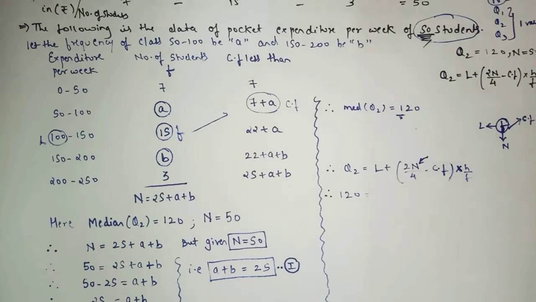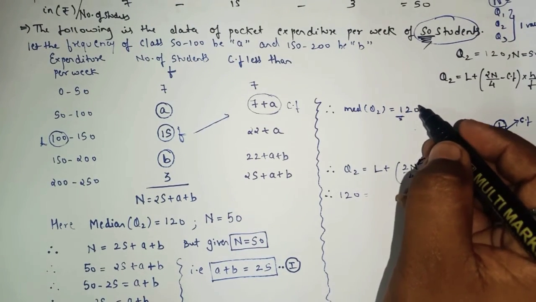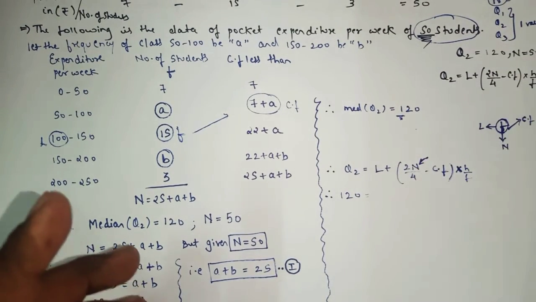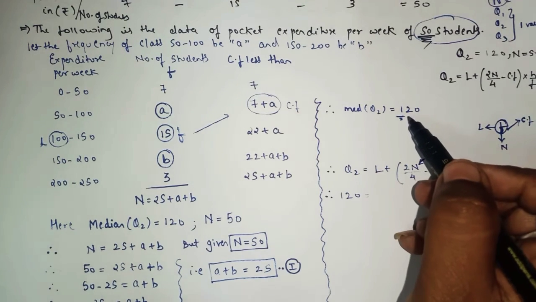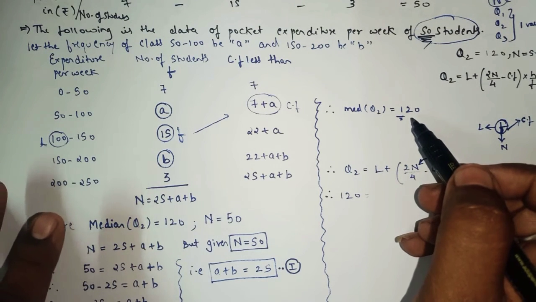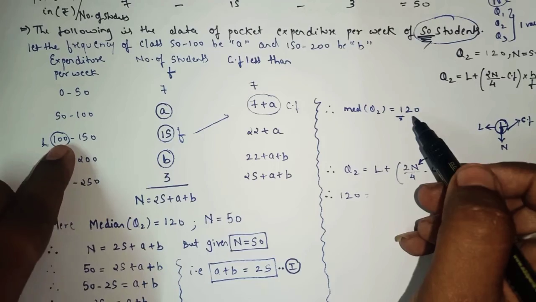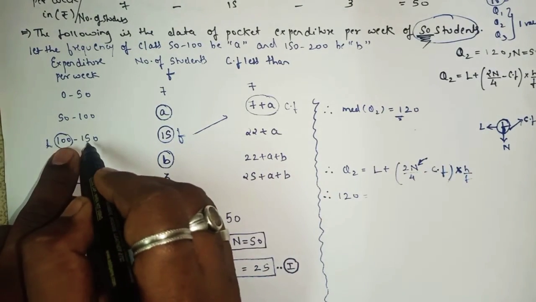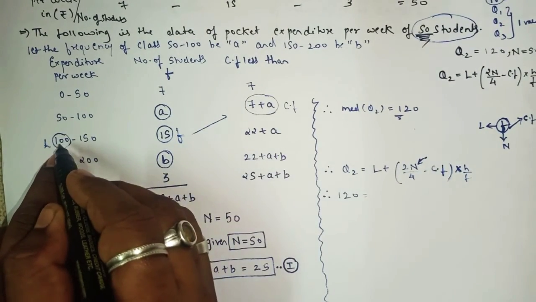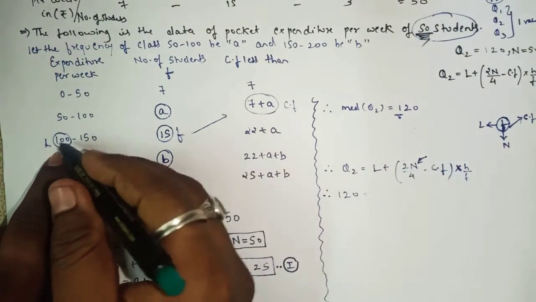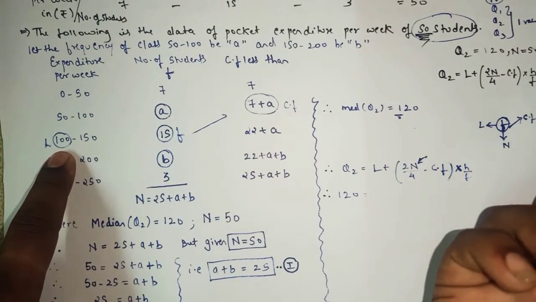As I explained in the last video lecture also, after getting the value we can guess whether the answer is right or wrong. So this should lie between those two classes. Yes or no? As 120, clearly we can see that it lies between 100 to 150. So of course our lower limit for Q2, the value of L, will be 100.